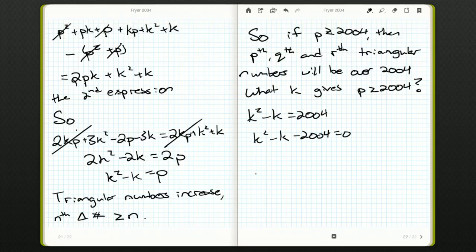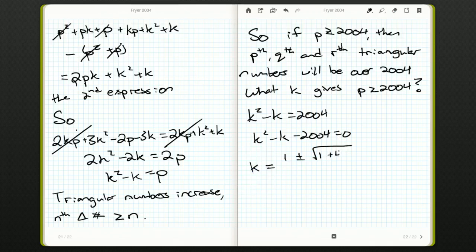There's a quadratic formula, so we just do negative b. Negative b is 1, not negative, so not k. So k equals 1 plus or minus, but we'll only use the plus side, the square root of b squared minus 4ac.